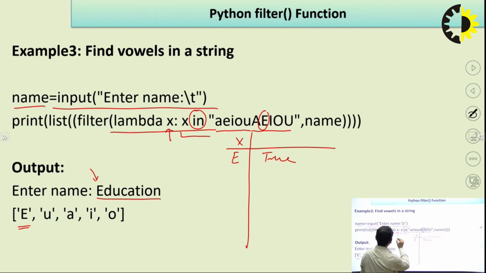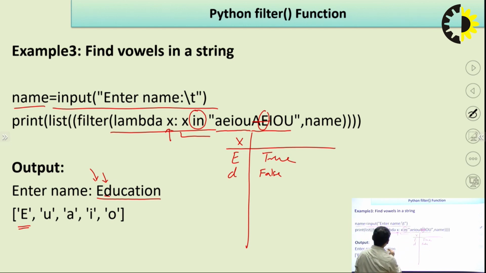Now, second is D. Now this function is called for the letter D. D in A, E, I, O, U, no, this will return false. So this is not added into the list.